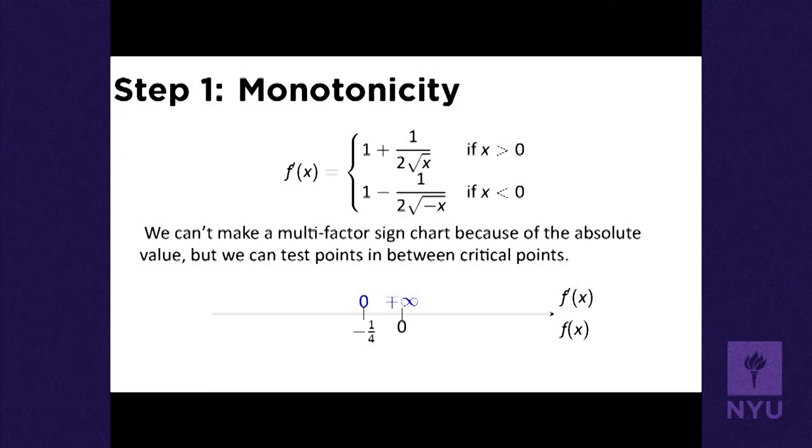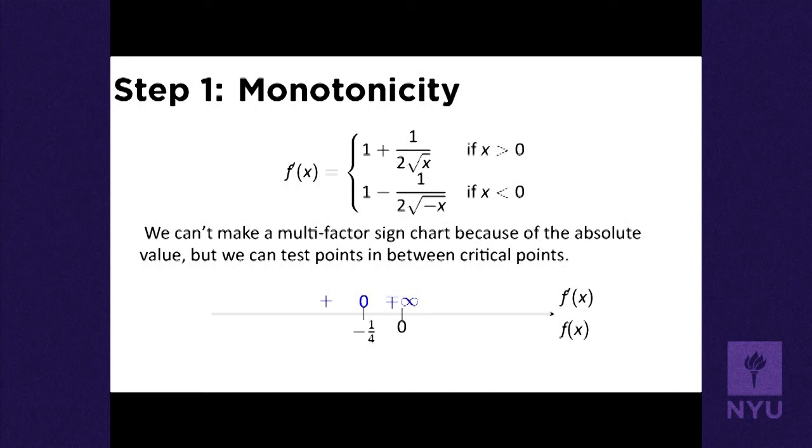Negative 1. That's a very good choice because it's easy to evaluate functions at negative 1. When x is negative 1, I'll have 1 minus 1/2 times 1, 1 minus 1/2. That would be f prime of negative 1 is positive 1/2. And so I know that the function's got a positive derivative on that whole interval.